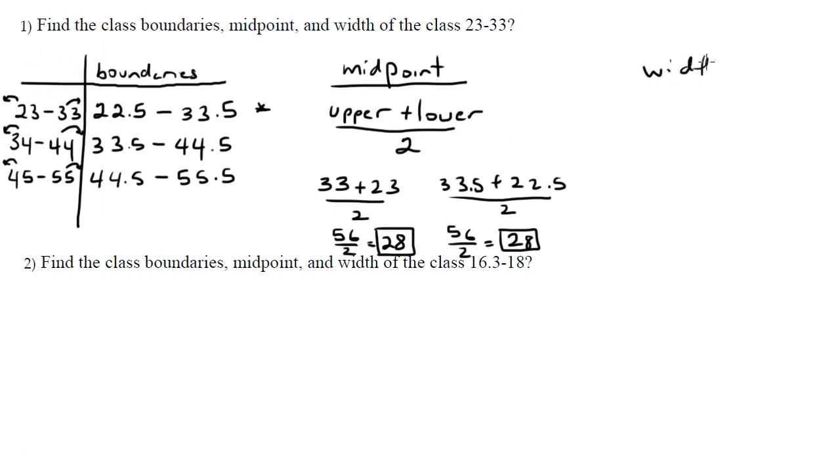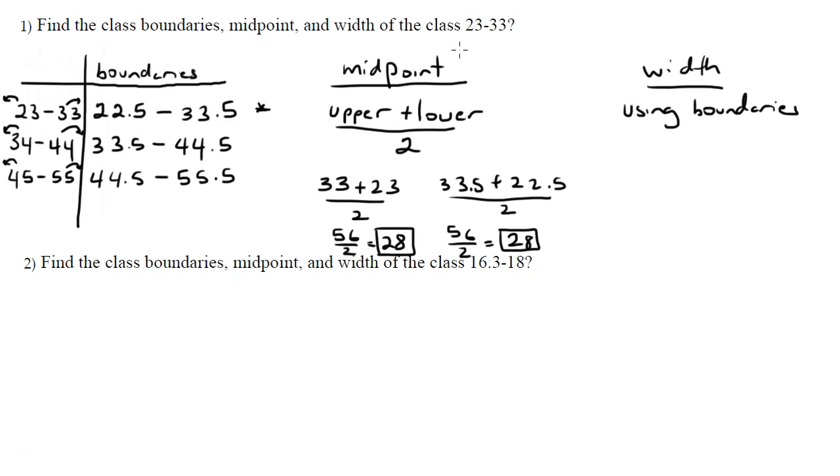Now to find the width of that class, we'll use the boundaries to find the width. I think it's the most straightforward way to do that. You especially have to use the boundaries if you only have one interval.